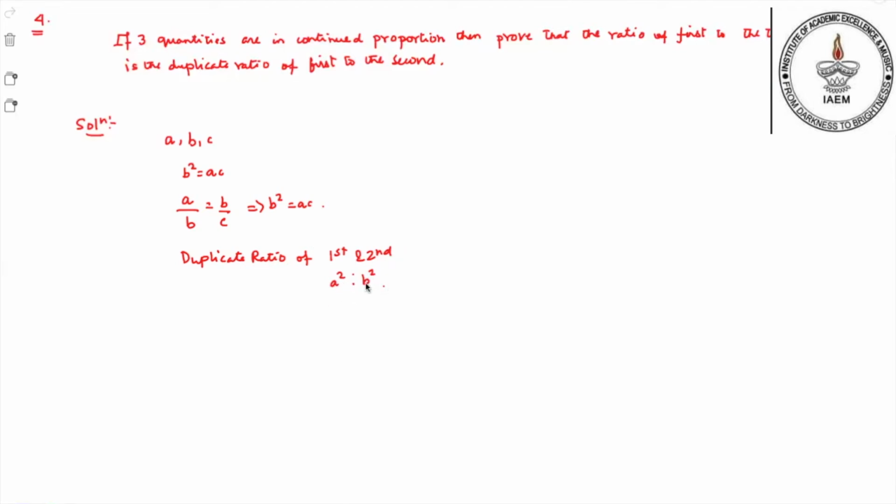Now, A square is to B square means A square is to AC, because B square equals AC. So we can write A into A is to A into C, which implies A is to C. Now A is to C means the ratio of the first and the third term, which is the required proof.